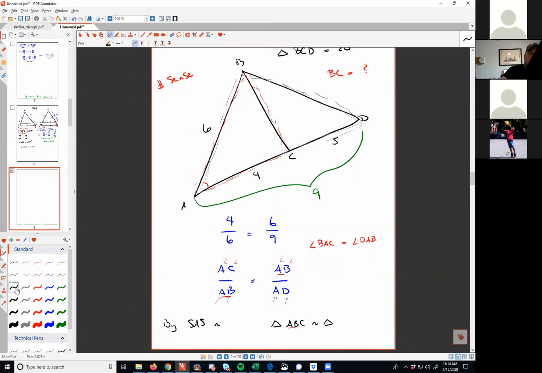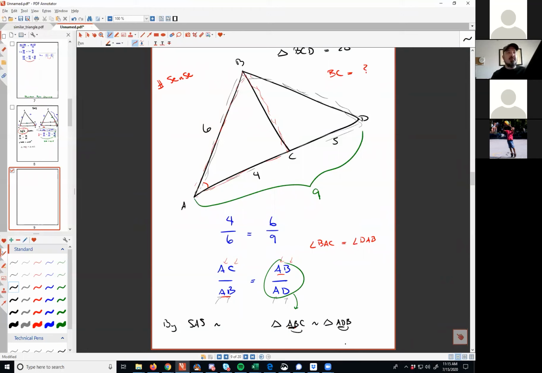ABC and look at this ratio right here. Is it ADB? ADB. Right. That's where those ratios were.